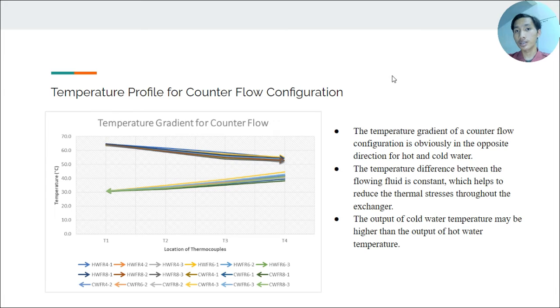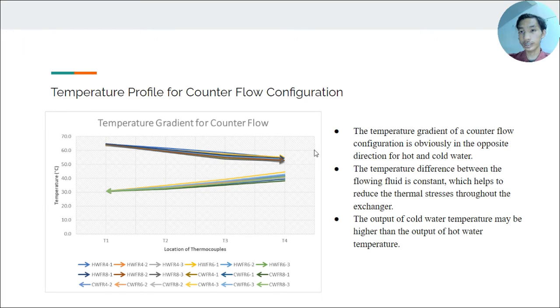Okay, moving to the next slide. For this slide, we discuss the temperature profile for the counter flow configuration. As you can see in this graph, the temperature gradient of a counter flow configuration is in the opposite direction for hot and cold water.